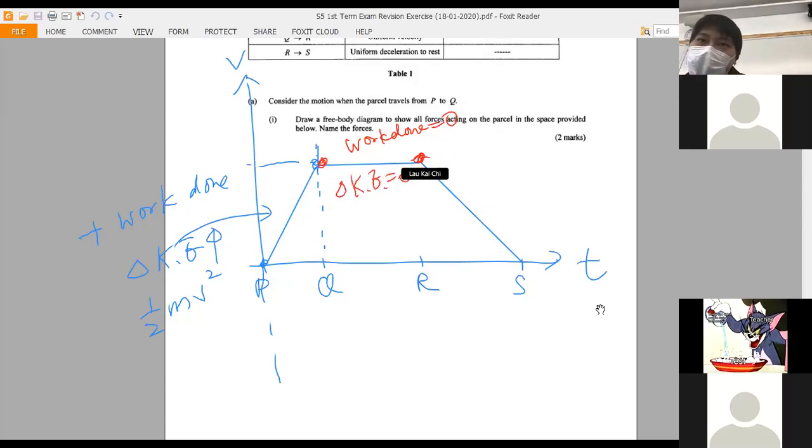And for the third part I use black color. This region, the work done would be negative. Is equal to the change in KE, but this change in KE is negative, okay? Negative work done from the friction.